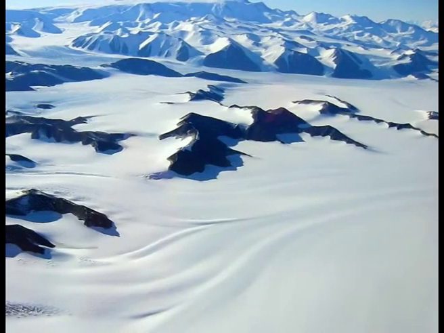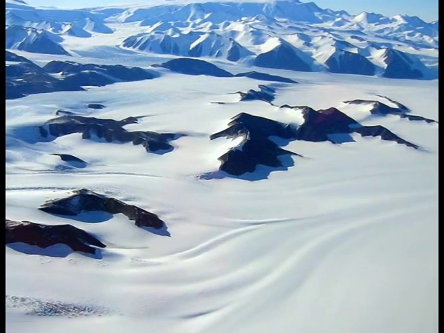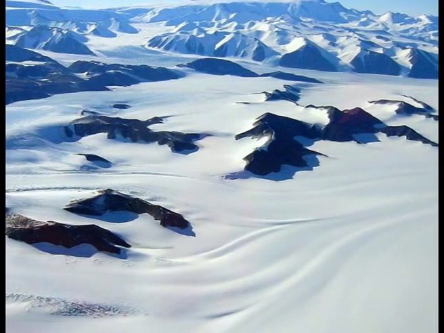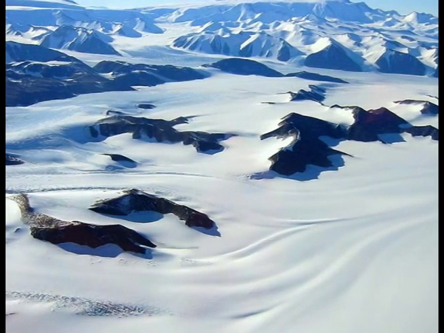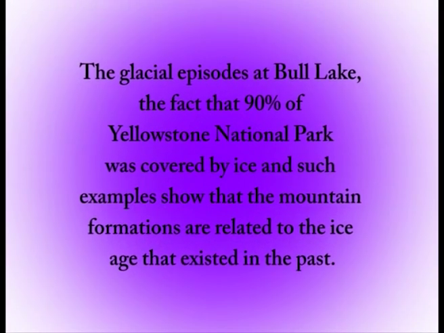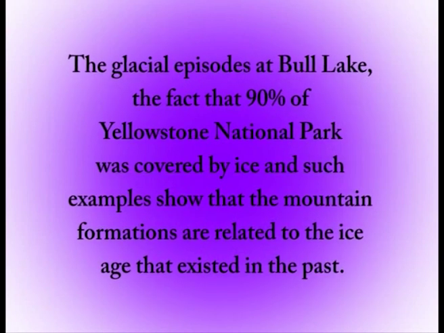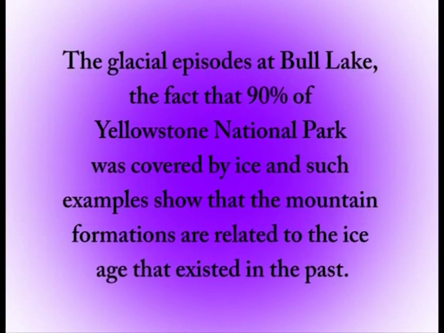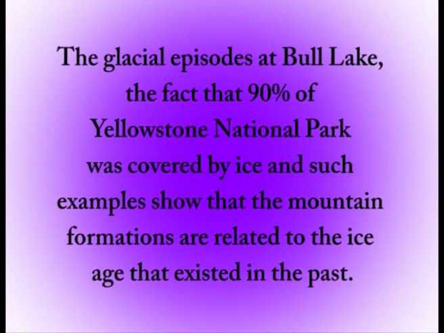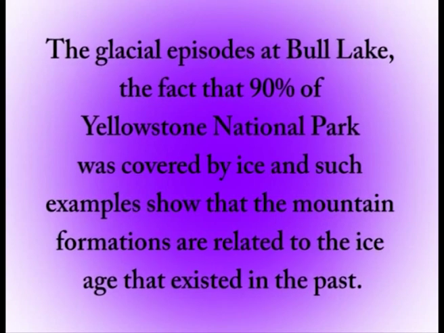There are many glacial landforms, cirques and valleys which have caused the history of the mountains to undergo a transformation. The glacial episodes at Bull Lake, and the fact that 90% of Yellowstone National Park was covered by ice, show that the mountain formations are related to the ice age that existed in the past.